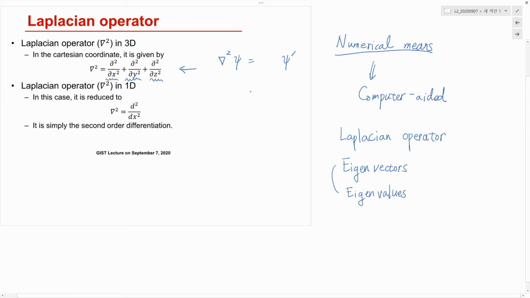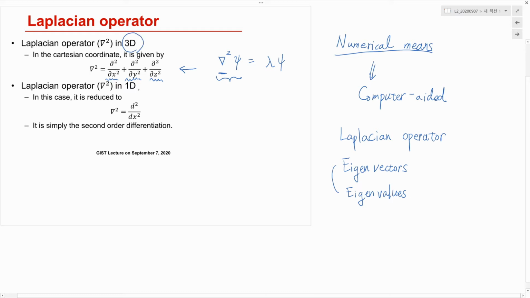There is no guarantee that this resultant scalar field psi prime is proportional to psi itself. However, if we have an eigenvector of this Laplacian operator, we have the proportionality between the result of the Laplacian operator and the original eigenvector. So this is the 3D case.